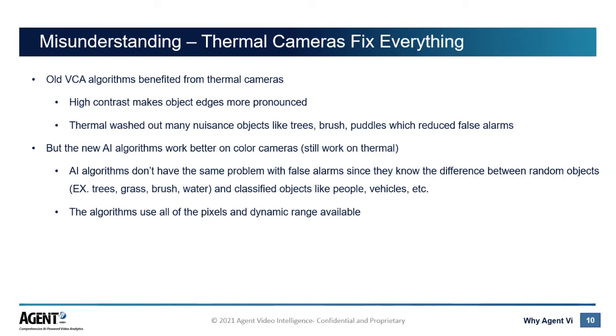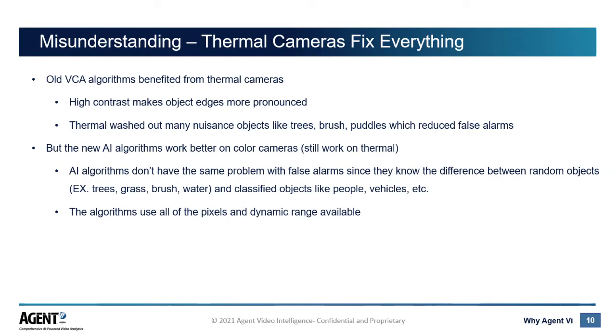But the other thing is the AI algorithms use a lot more of the pixels that are presented to it. The algorithms use all of the pixels and all of the dynamic range as part of its math to classify the different objects that it's trying to detect. So the problem with the thermal camera now is pretty simple.